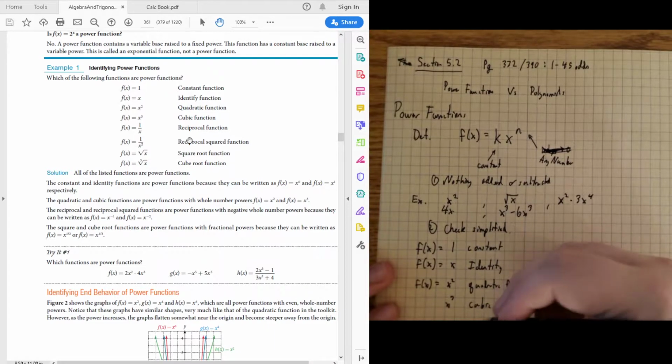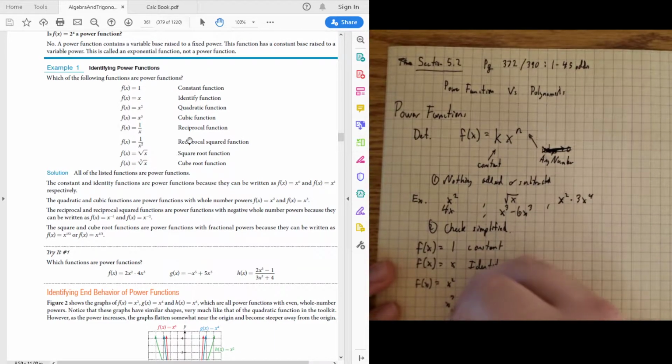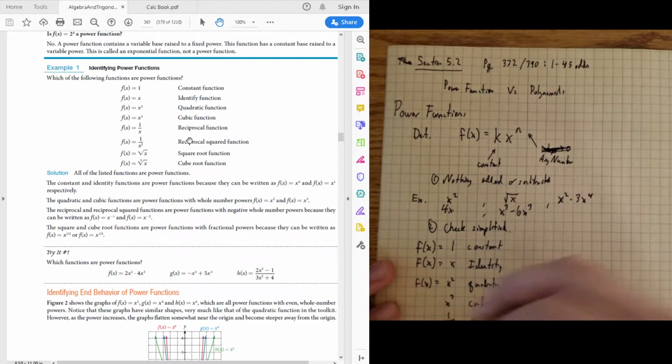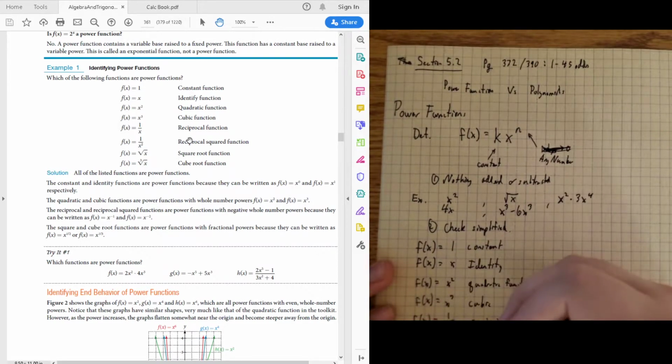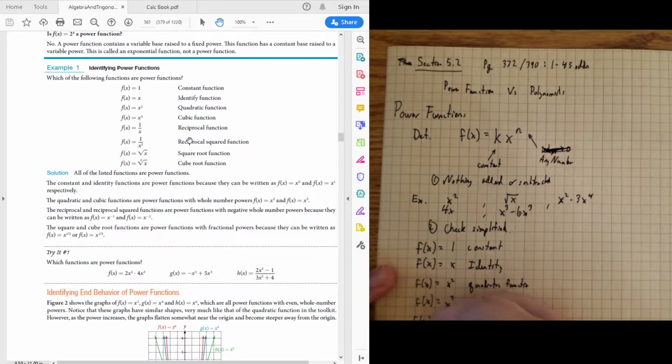You can even talk about x to the 4th as the quartic, but for now we're going to go ahead and go to the other common ones, which is like 1 over x, which is the reciprocal. You could have 1 over x squared, which is the reciprocal squared function.